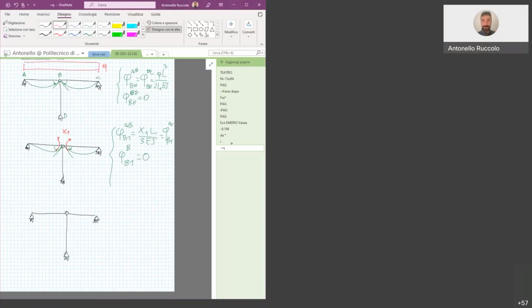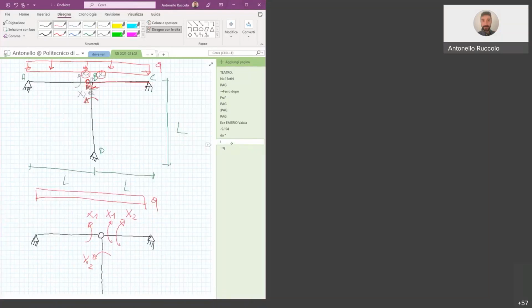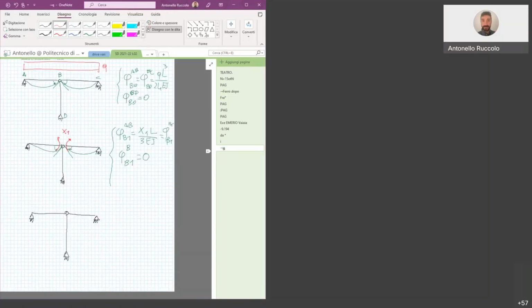We have to consider only the influence of x2, and it was here. So the deformation associated is this one.